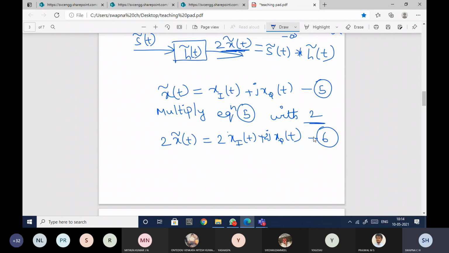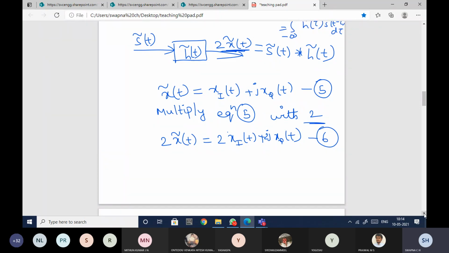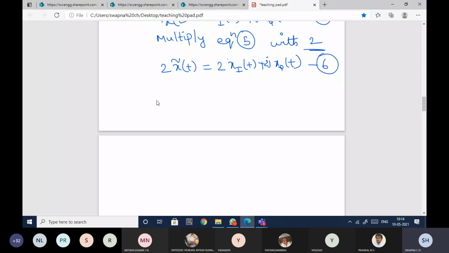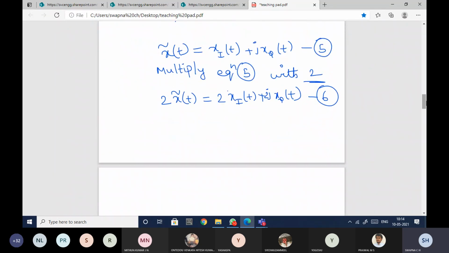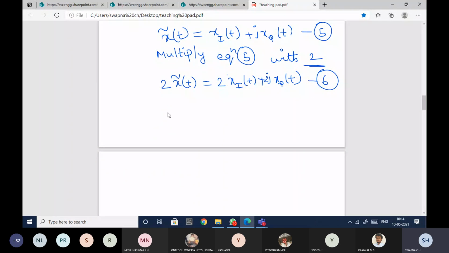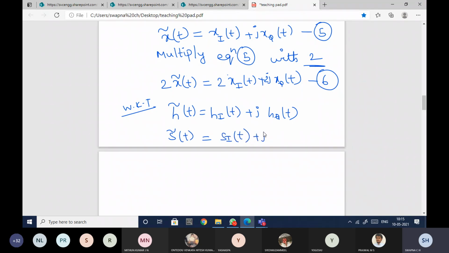So you already know the relationship between x tilde of t, s tilde of t, and h tilde of t. In the same way we represented x tilde of t in terms of xi of t and xq of t, h tilde of t can be represented in terms of in-phase and quadrature components as hi of t plus j hq of t, and s tilde of t as si of t plus j sq of t.